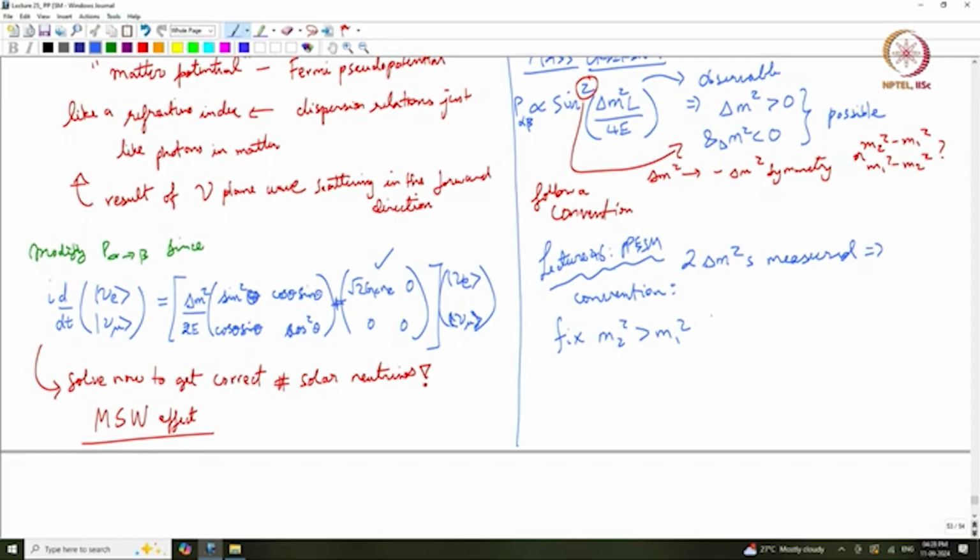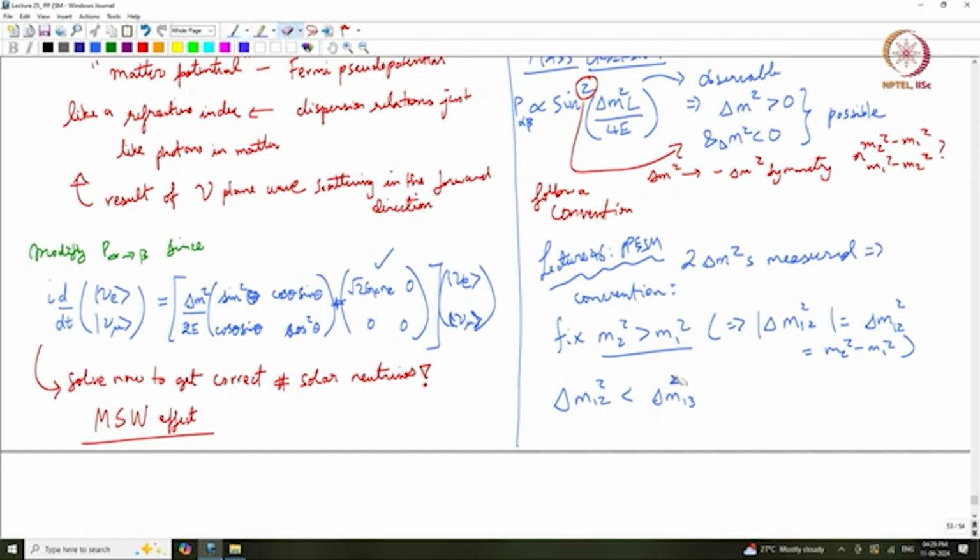It means that delta m12 squared, in absolute value, is nothing but delta m12 squared, which as we defined before is m2 squared minus m1 squared. So, you do that first, then you say that what you call delta m12 squared is smaller than the other one that you measure, which you call delta m13 squared.